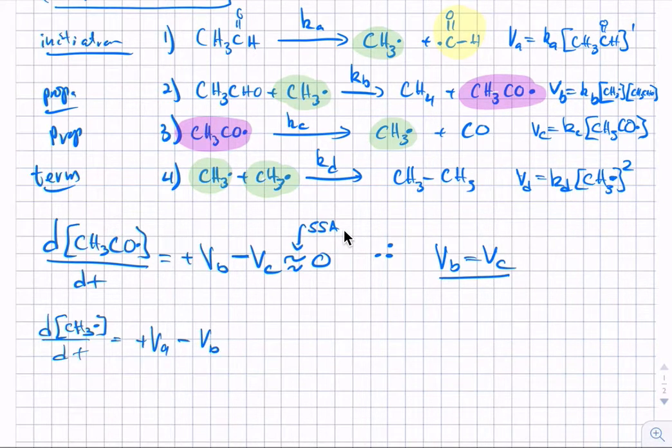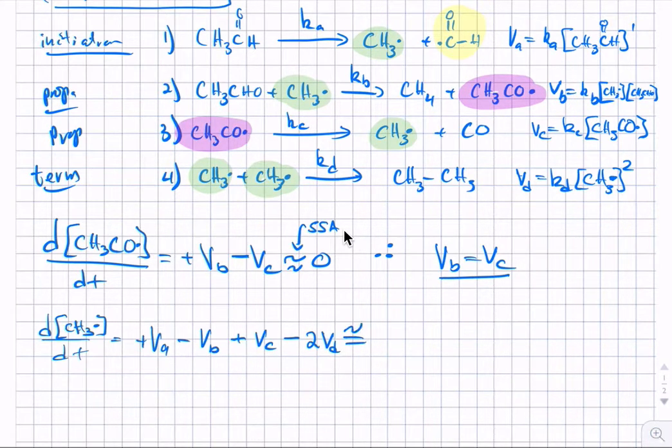Vb will decrease it, so we subtract that. Vc will increase it, so we add that. And last but not least, the last reaction, D, takes 2 methyl radicals out for every reaction, so we're going to have twice that rate.